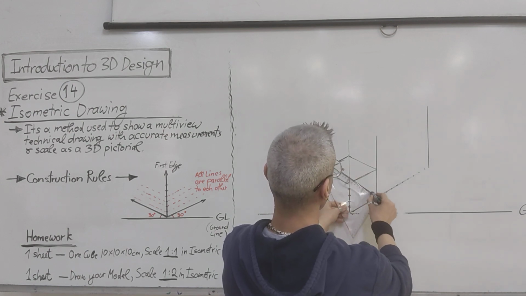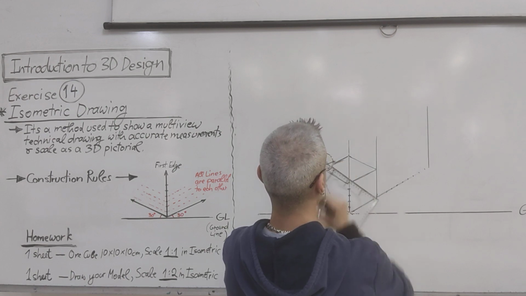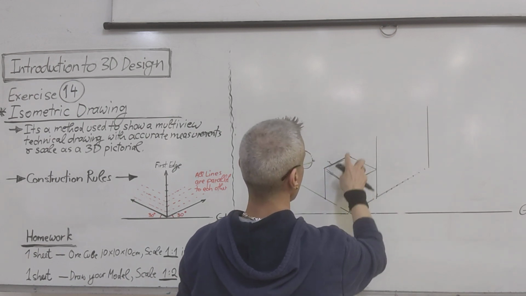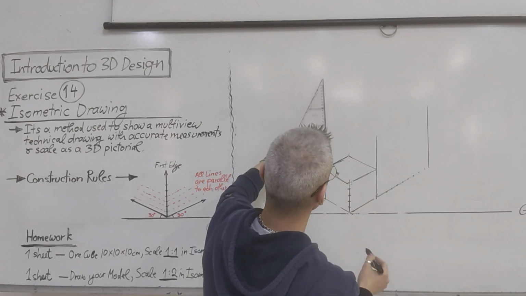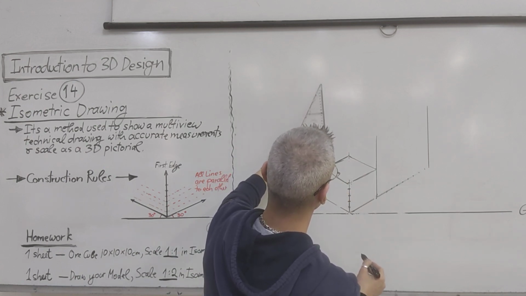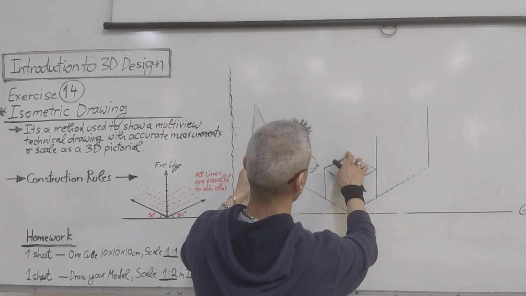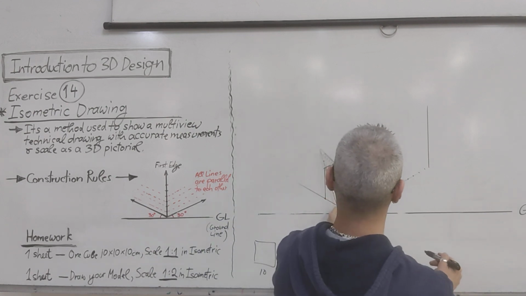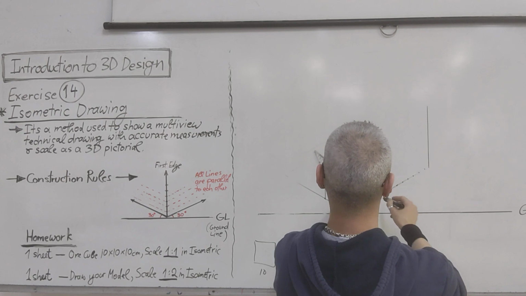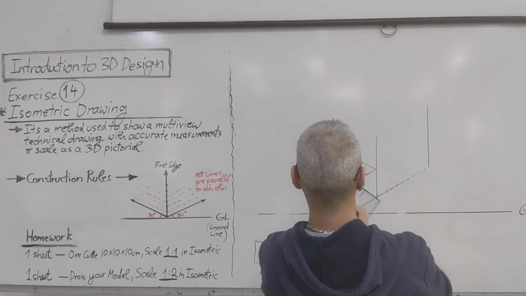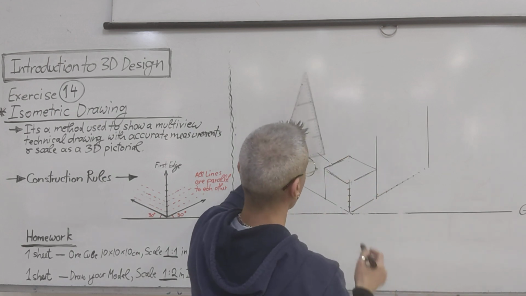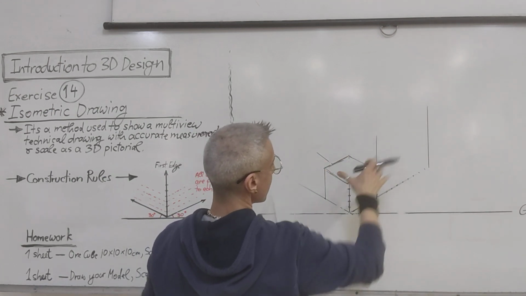So, parallel line. So this line here, let me delete it so it doesn't confuse. Okay, now it should be 10, 10, okay?